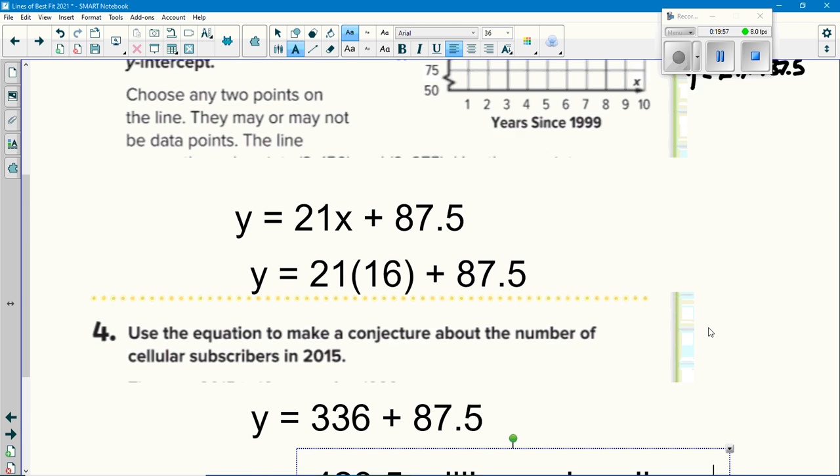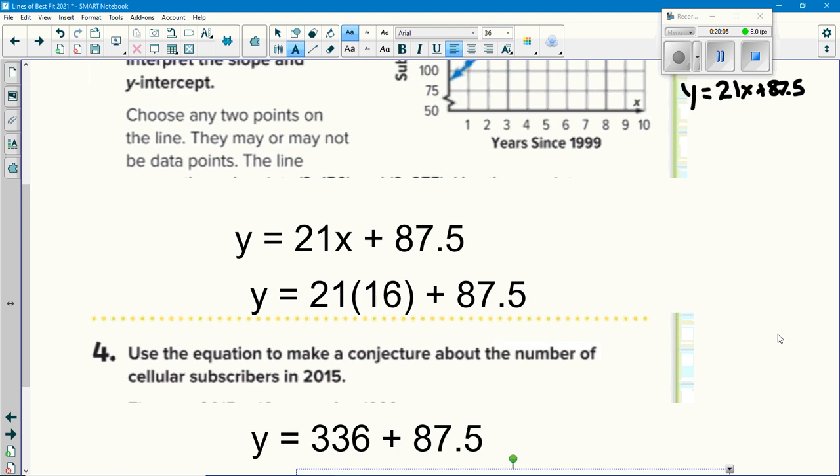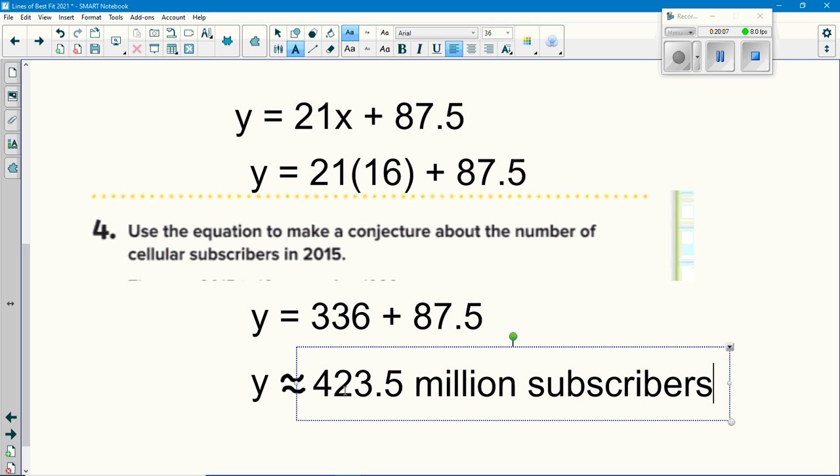It might be a little high, particularly because there is a limit, isn't there? This is in the United States, and right now in 2021, this is more than our population. So we know we're on the high end. What caused that? Well, we rounded up to 21 instead of using 20.8.